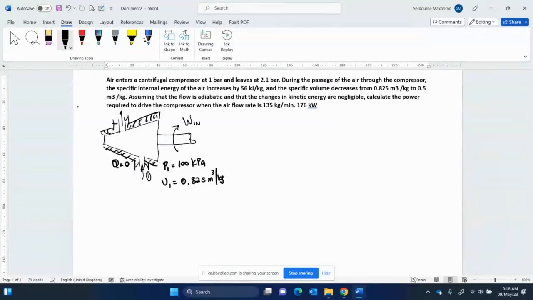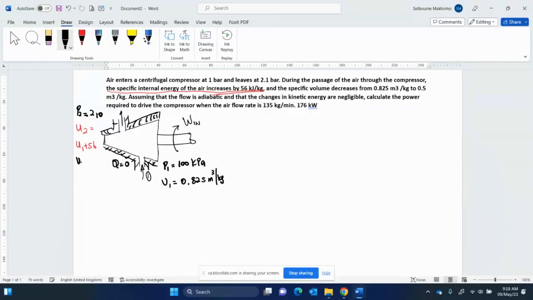At 2, the pressure is 210 kPa. And U2, guys, you need to pay attention to this statement here. It says that the specific internal energy increases by 56. In other words, U2 is equal to U1 plus 56.